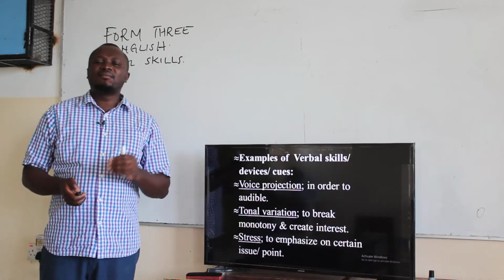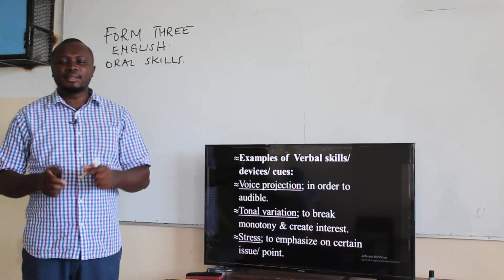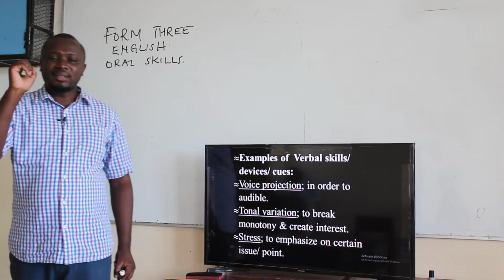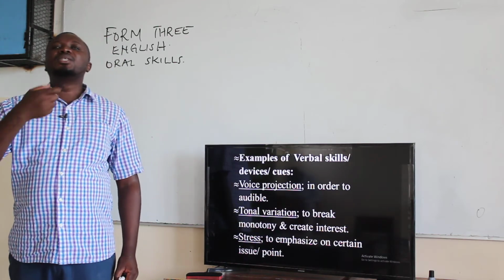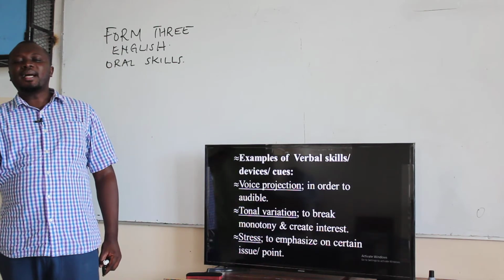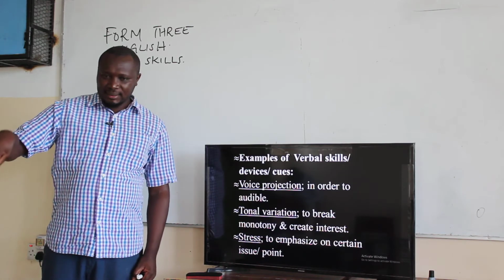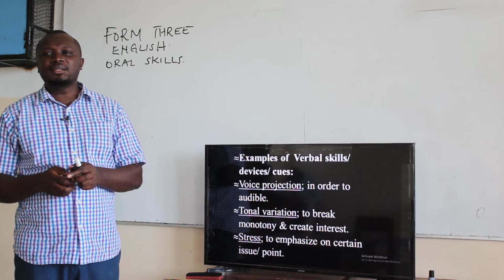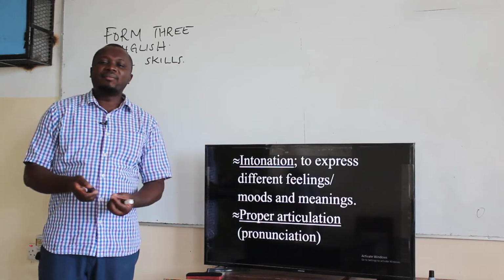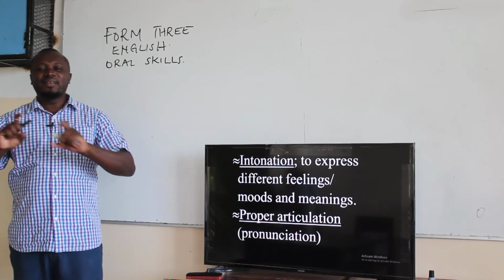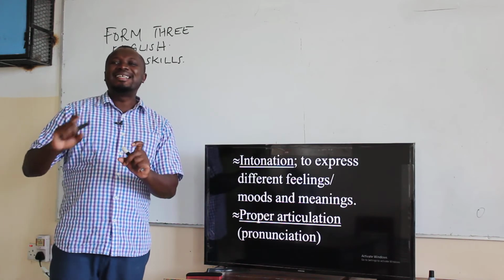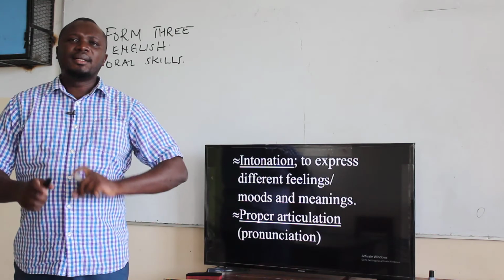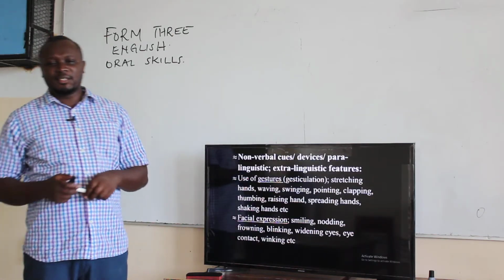So when you look at verbal cues that you're supposed to use in English, paper 1: voice projection to enhance audibility. Secondly, tonal variation to break monotony and create interest. Thirdly, stress to emphasize certain points and issues. Then you have intonation to express different feelings, different moods, different meanings. Then you have proper articulation that enhances pronunciation.